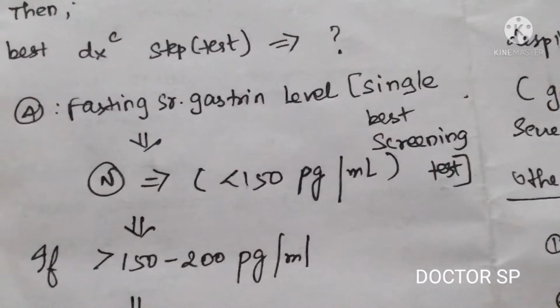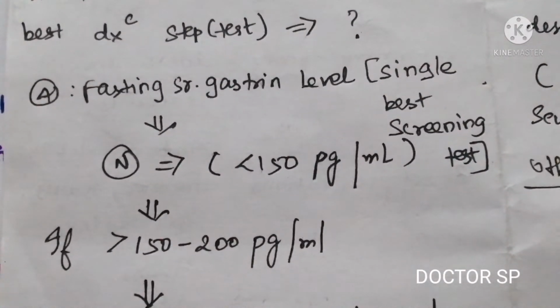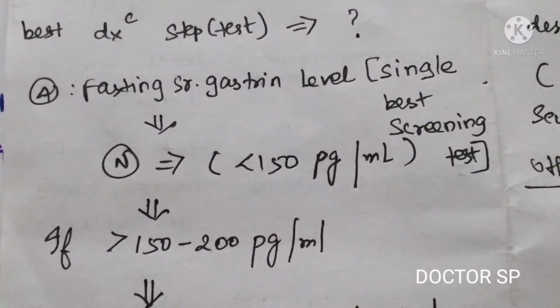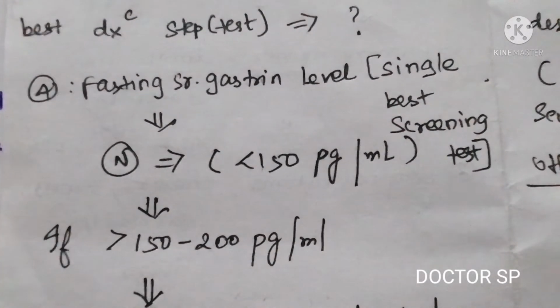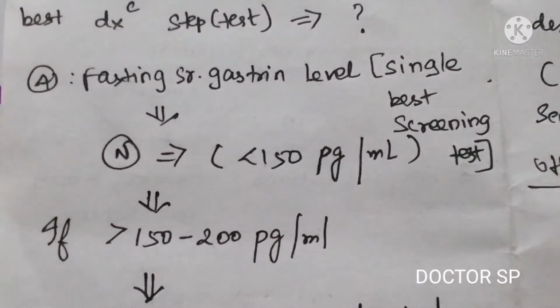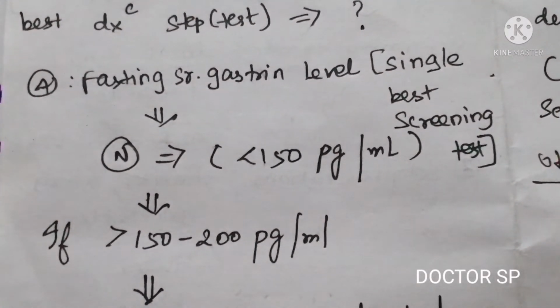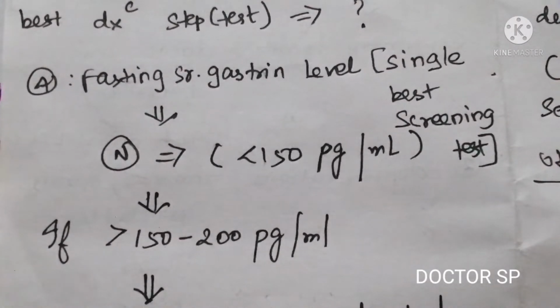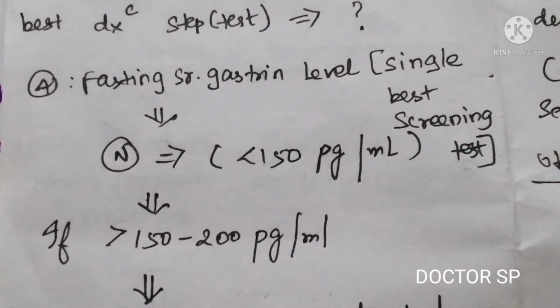Then we need to do a fasting gastrin level. It is the single best screening test. The normal level should be less than 150 picogram per milliliter.